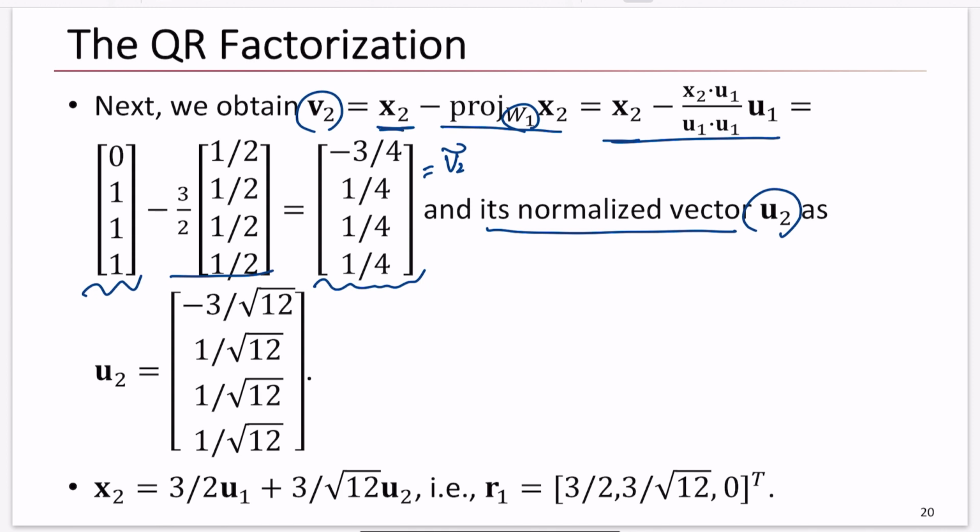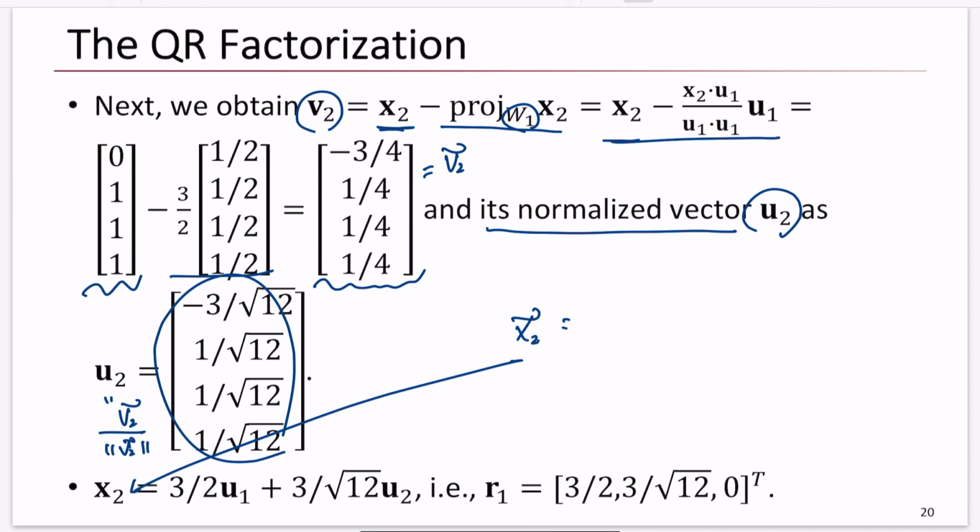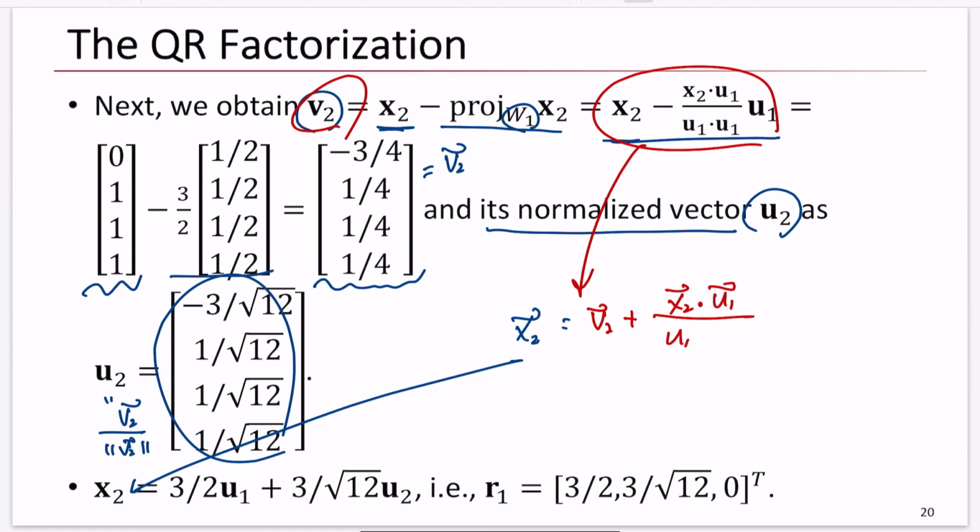u2 is equal to v2 over the length of v2. It's going to be like this. So you can just do that. And to find x2, from this one and this one, x2 is going to be v2 plus the inner product of x2 and u1, over the inner product of u1 and u1, times u1.